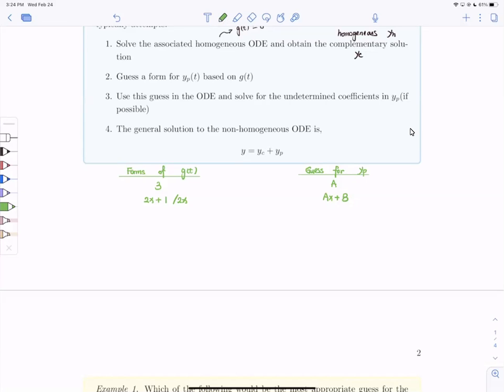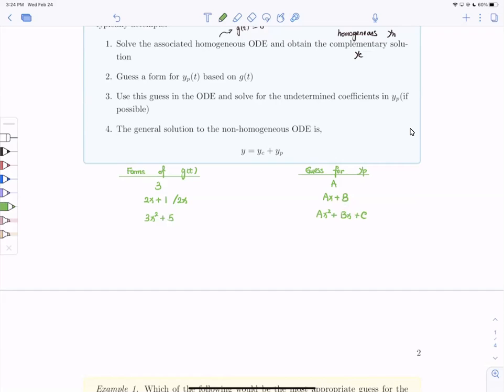If we have something like 3x squared plus 5, then your guess for yp should be a quadratic as well, and it has to be complete, so we would have ax squared plus bx plus c. It's not just ax squared plus c, you need to have the bx as well, although it's not here.